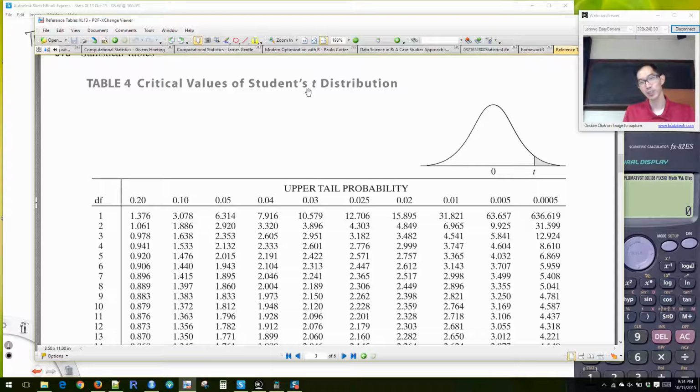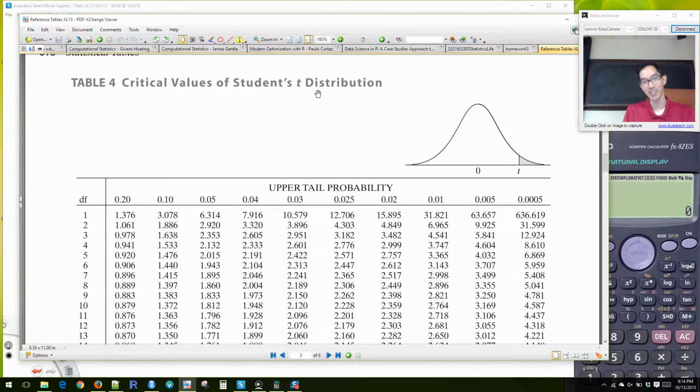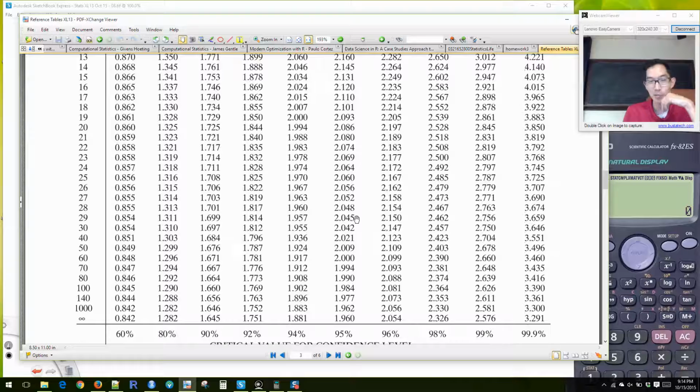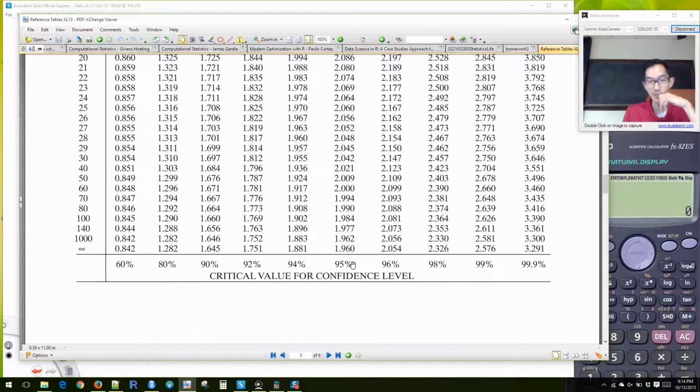But his name was not Student, it was Gossett, and the Guinness Brewery didn't want publications to be traced back to them, so they forced all of their researchers to publish under pseudonyms. So he used the name A Student and it became known as the Student's t-distribution. Anyway, it was beer. We have beer to thank for the t-distribution.